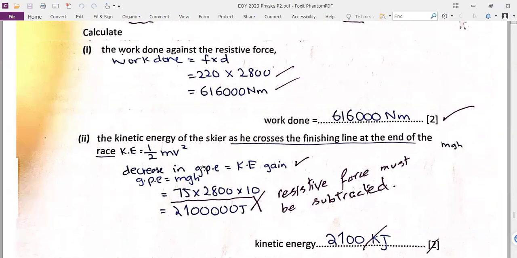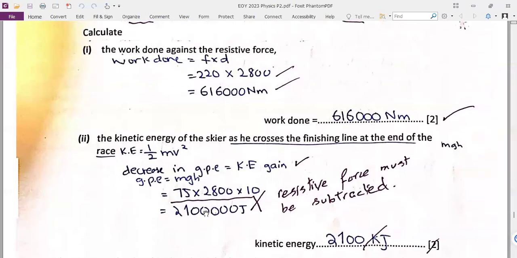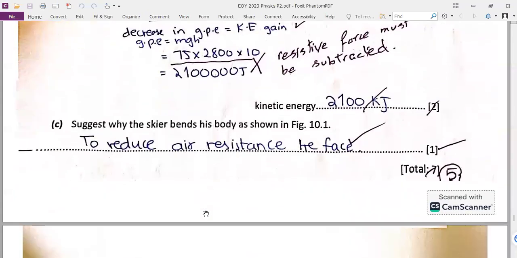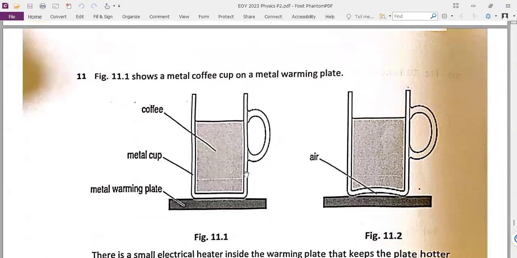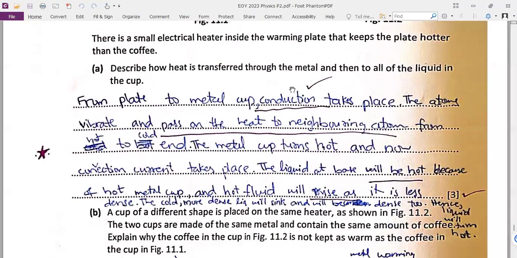Okay, so if you do the calculation, you should get the answer. How do you calculate it? So just right here, then he tucks his body to reduce air resistance. Very simple, very nice. Okay, this question is again popping up, a very important question. We have done this question in a previous paper as well.